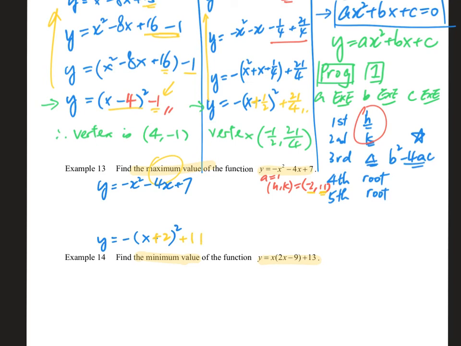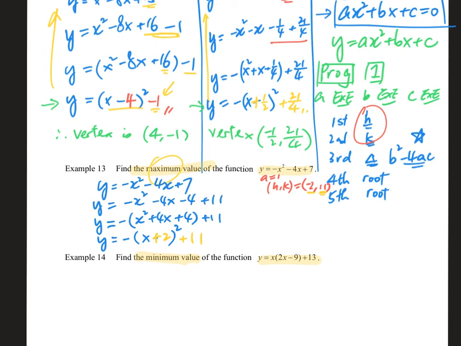Now we fall back to check the answer by expanding. After the identity, it is minus, a squared plus 2ab, that means 4x, plus b squared, that means plus 4, and plus 11. You further break down the brackets, you've got minus x squared, minus 4x, minus 4, plus 11.